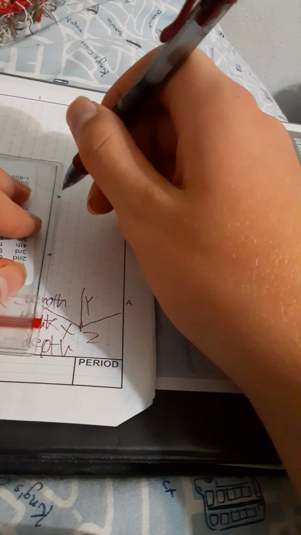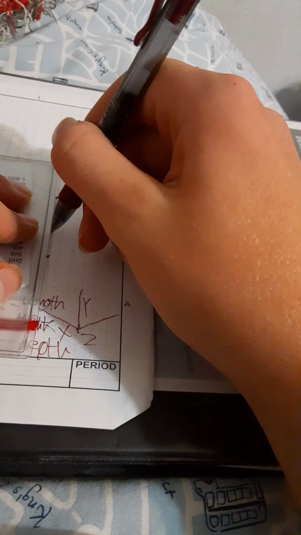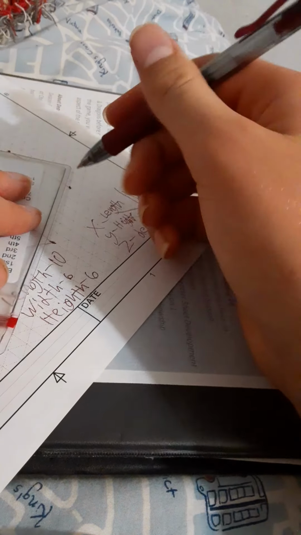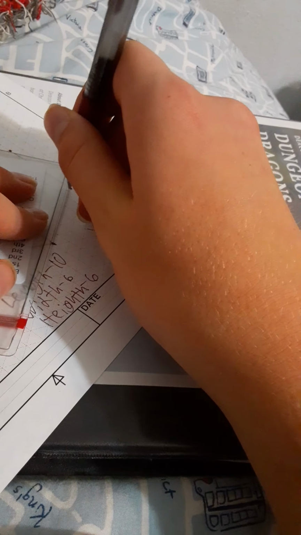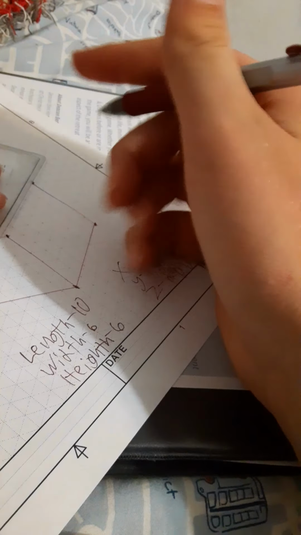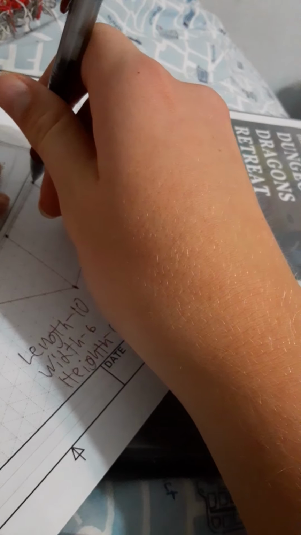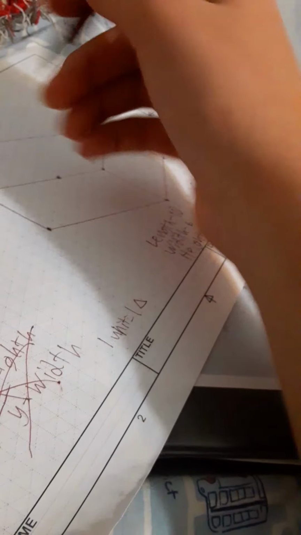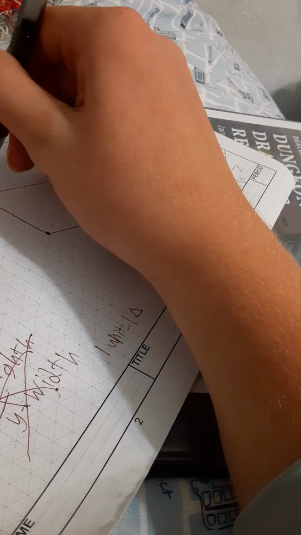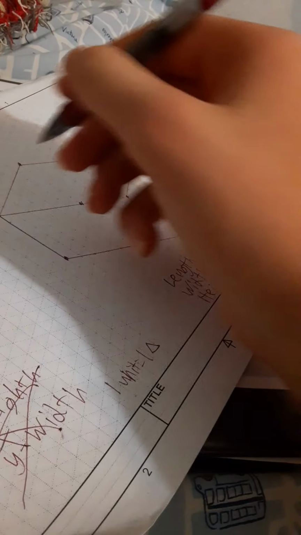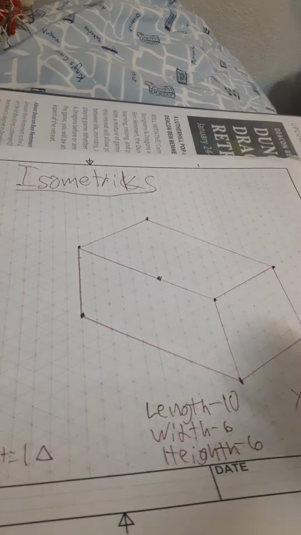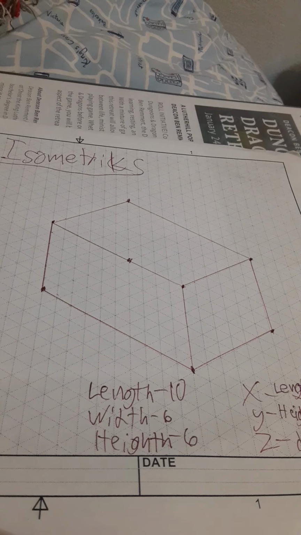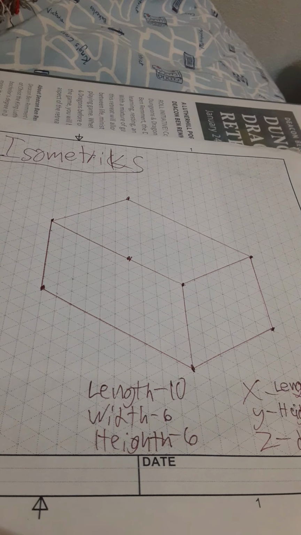And then you'll do the darker lines, whatever you do in the 3D graphics. Alright, there's the outline. As you can see, like I said, it is visually pleasing to the eye.